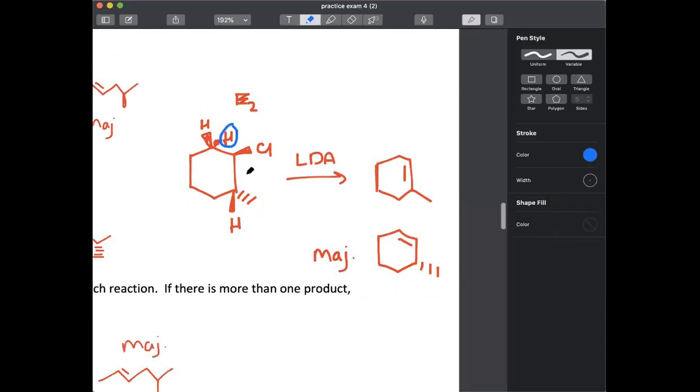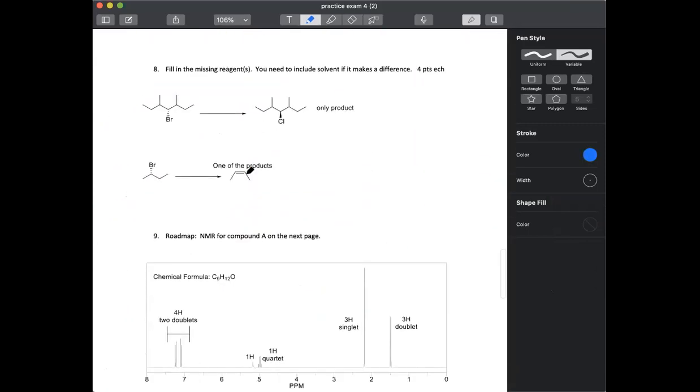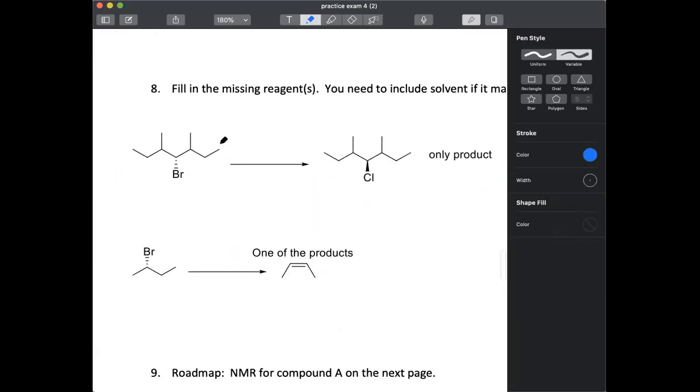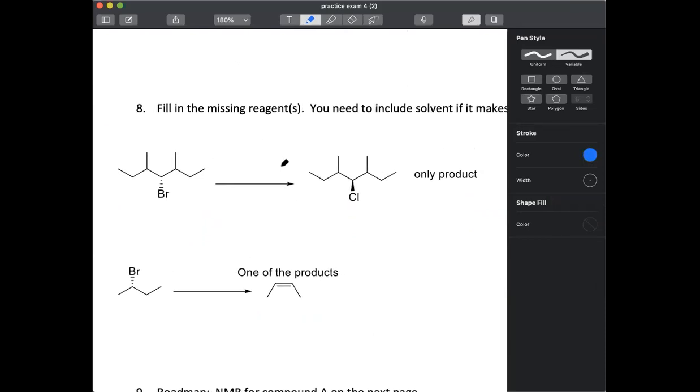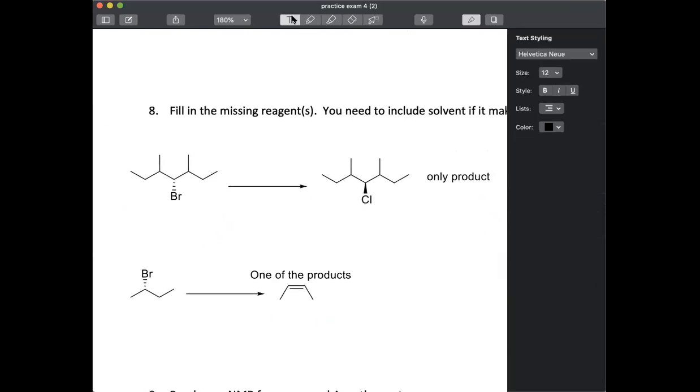Awesome, right. All right, so filling in the missing reagents. What's going to happen here? Someone just tell me what to put. Yeah, so it's going to be SN2, right? Because you have an inversion. KN3. So not KN3, right?